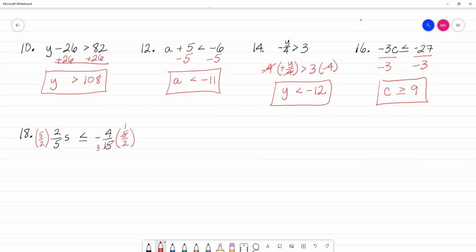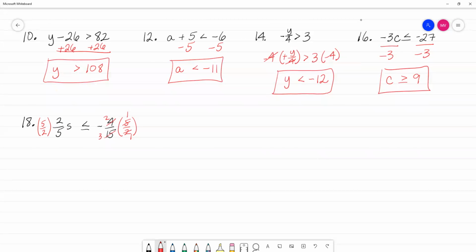So that 15 becomes a 3, the 5 becomes a 1, the 2 becomes a 1, and the 4 becomes a 2. And those guys, of course, cancel out. So this is s is less than or equal to -2/3. So again, because the number we're multiplying times is positive, we do not change our sign. So s is still less than or equal to -2/3.